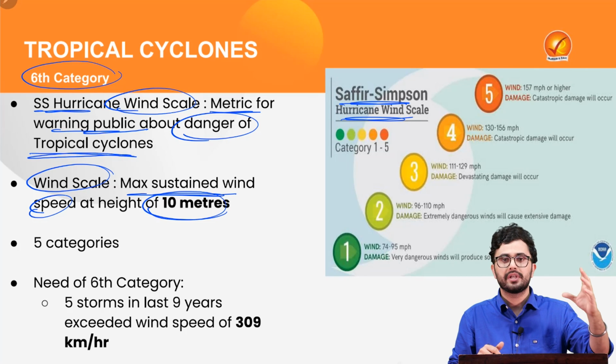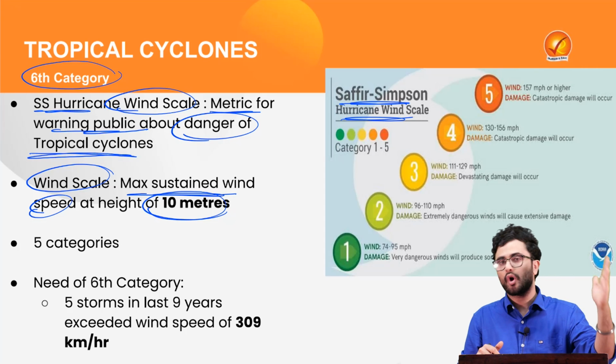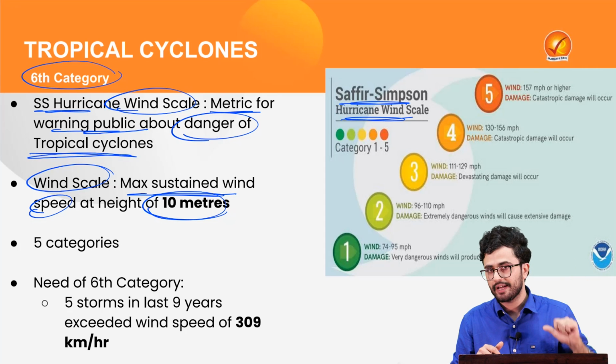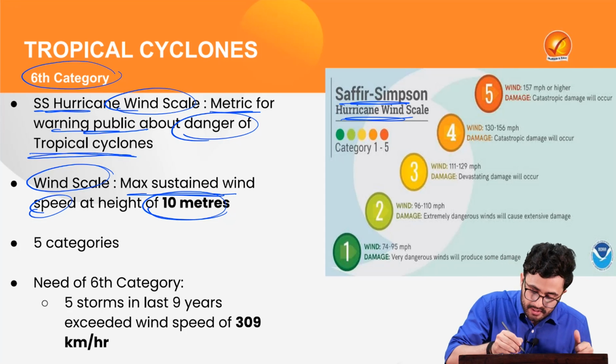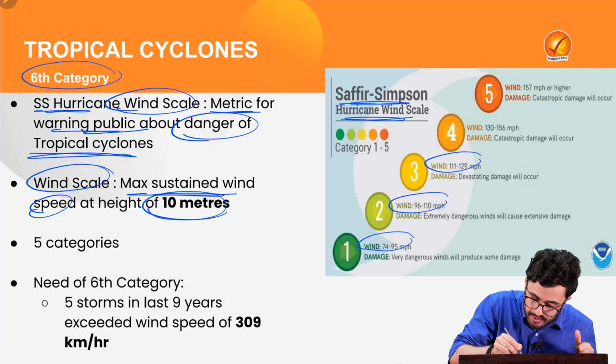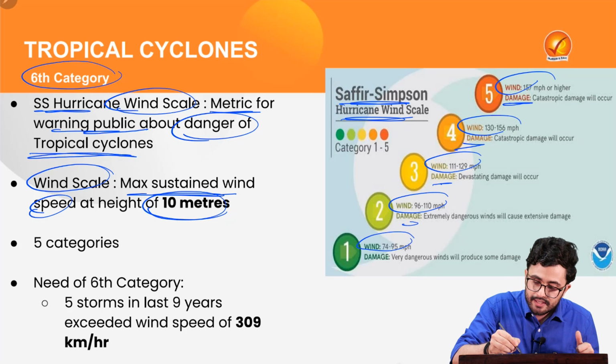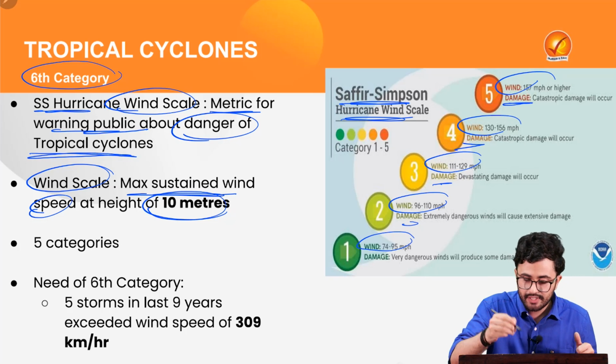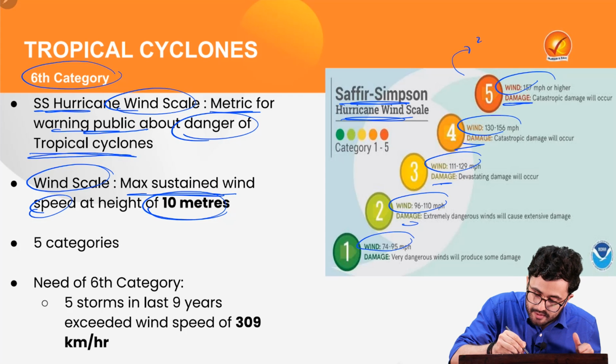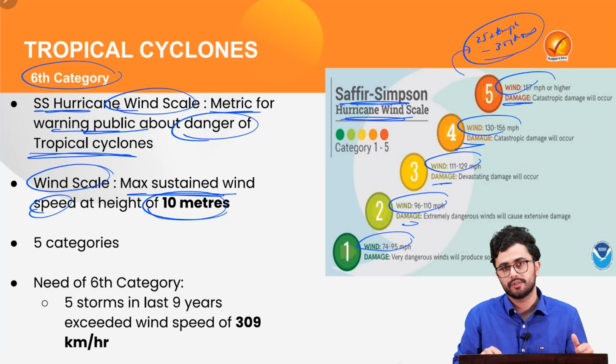And on that basis, we have characterized tropical cyclones into 5 categories depending upon their wind speed and the associated damage potential. Now, till now, the highest category is the 5th category, where the speed is assumed to reach 252 km per hour to 309 km per hour.